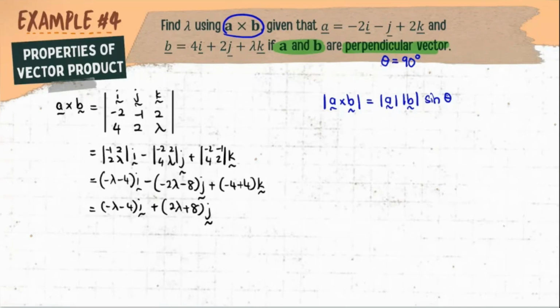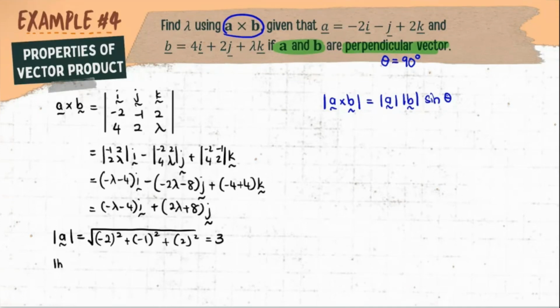Next, saya akan cari magnitude of A sebab kita perlukan dekat sini. Okay, magnitude of A adalah negative 2 squared tambah negative 1 squared tambah 2 squared. Cari square root dia. So 4 tambah 4, 8 tambah 1, 9. Square root of 9 adalah 3.